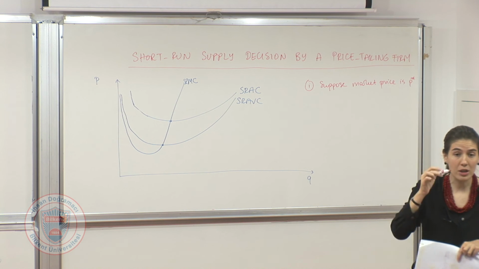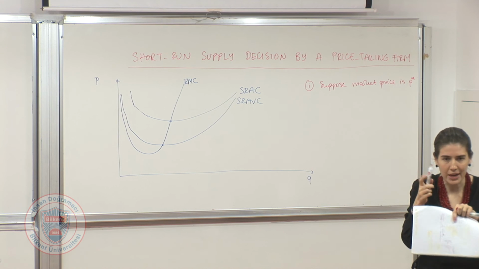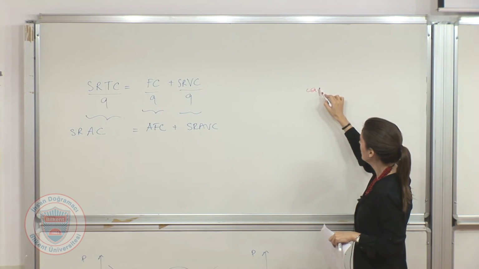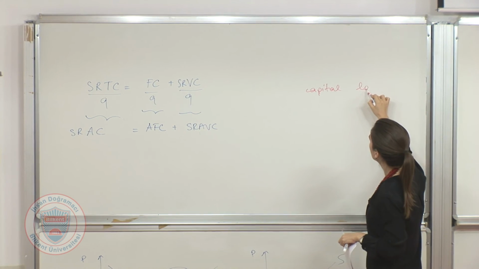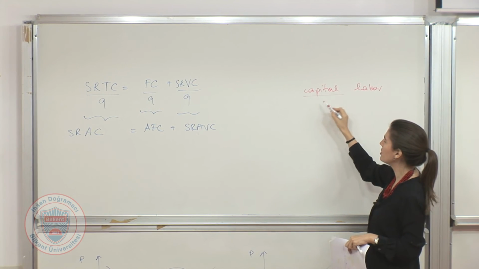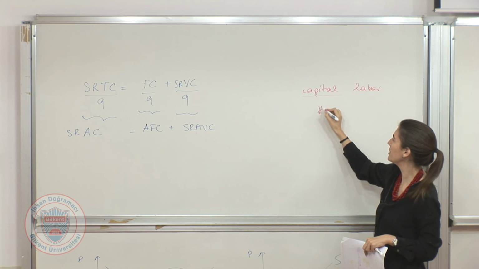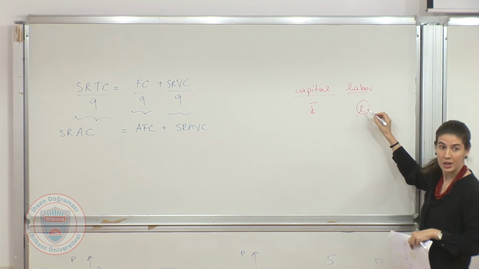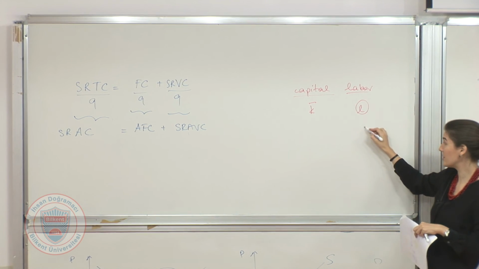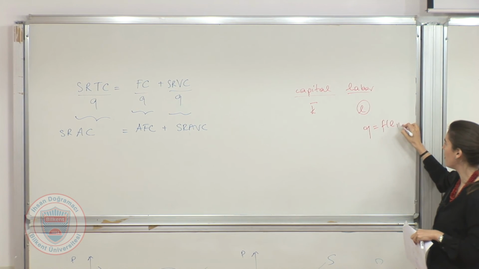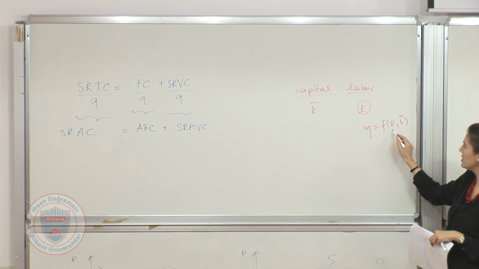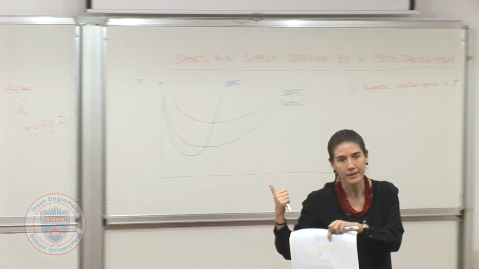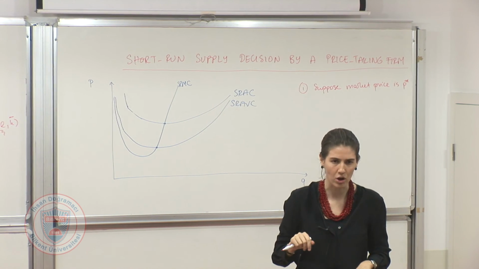So variable cost means that it can vary, right? Remember, in the short run, we had capital and labor. We said that in the short run, capital was fixed. Whatever K you have, it's fixed. But your labor, you can change. So if you want to change Q, F of L, K, K is fixed, you can only change L. Therefore, the variable cost in this model is only the labor cost, okay?